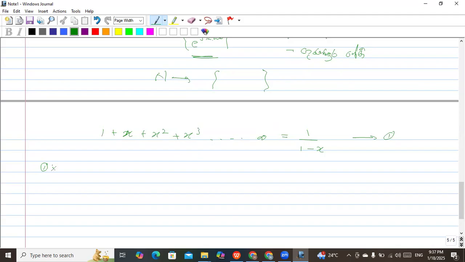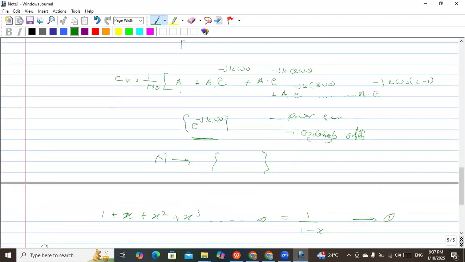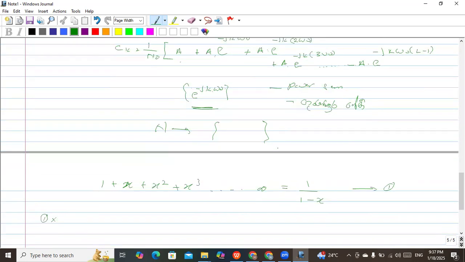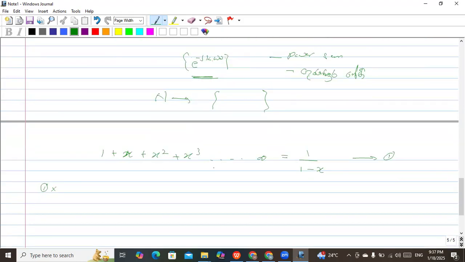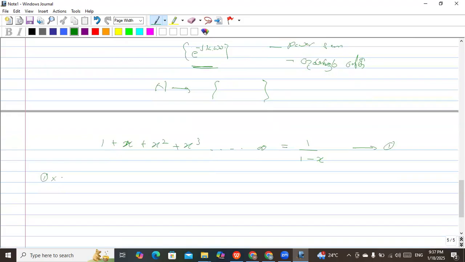So this value is L minus 1. If I multiply this by XL, I have again the series XL plus XL plus 1 plus XL plus 2 plus XL plus 3, likewise again up to infinity.